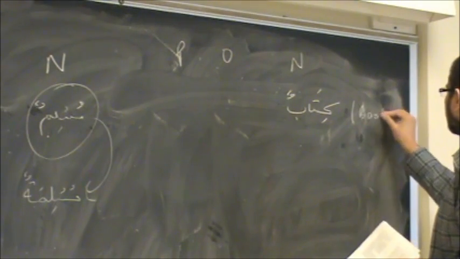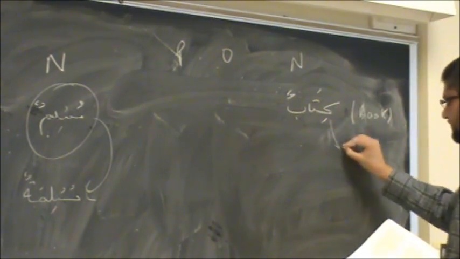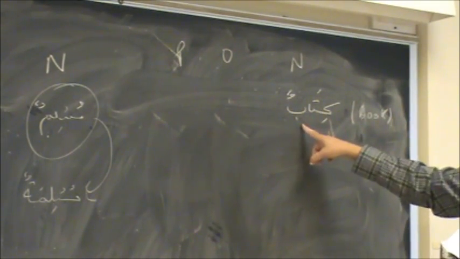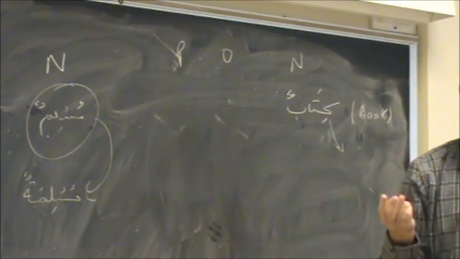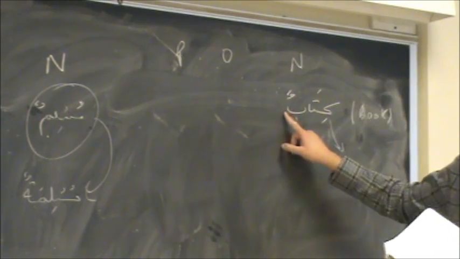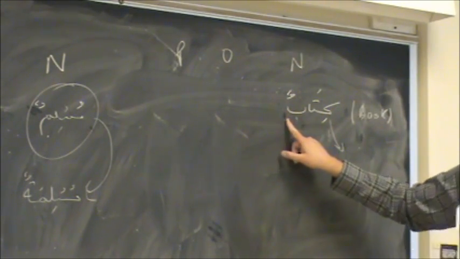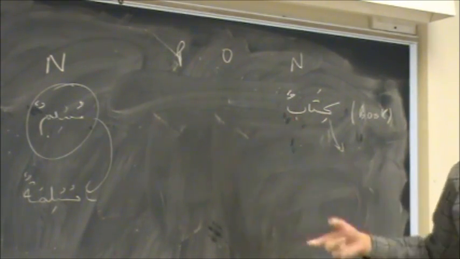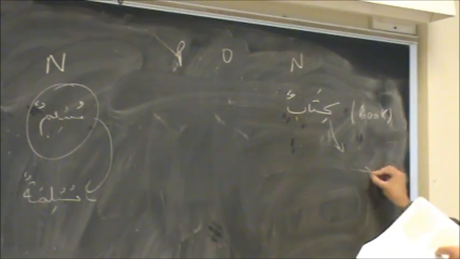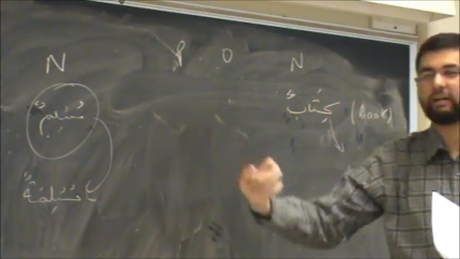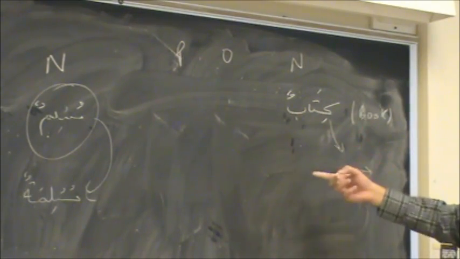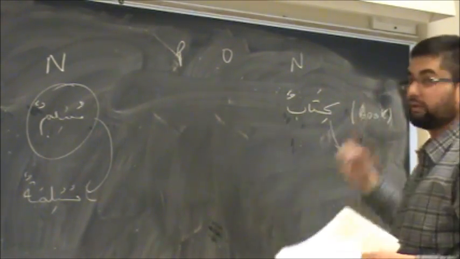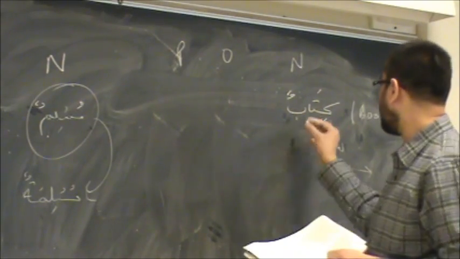And now the question is, can we identify it as feminine? No, because we read 3 identifications. Ta marbuta it does not have. Alif mamduda it does not have. Alif maksura it does not have. The third possibility is if people say it as feminine. No, they don't. So it is masculine. We don't know that people say it as feminine, so we'll take it as masculine.